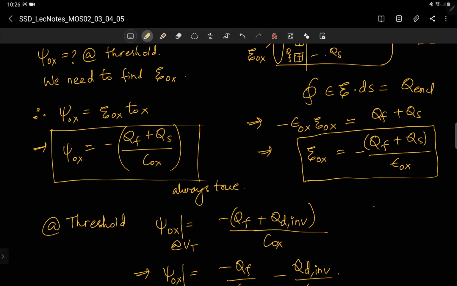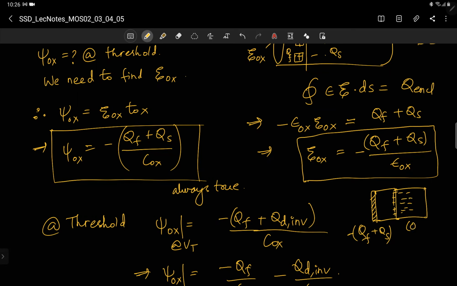The picture is like there is an oxide and there is one plate which has QF plus QS charge, and the other plate has some charge right at the interface, and the other electrode is a little thick, not like the metal electrode, and it has some charge QS.